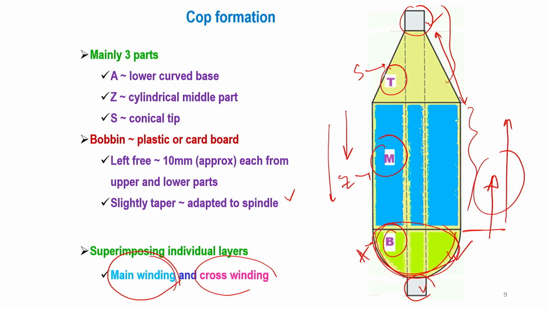If the angle of winds in both main and cross winding are the same, there will be an upward pull and that will result in a bunch of yarns coming together. To prevent that, this system is adopted.